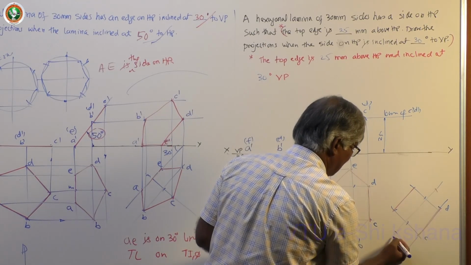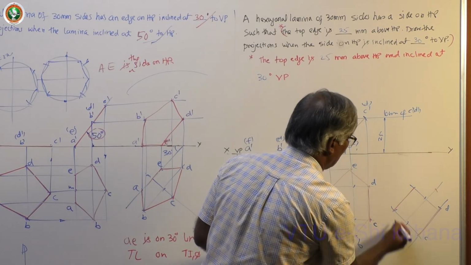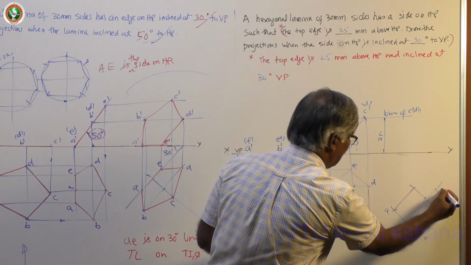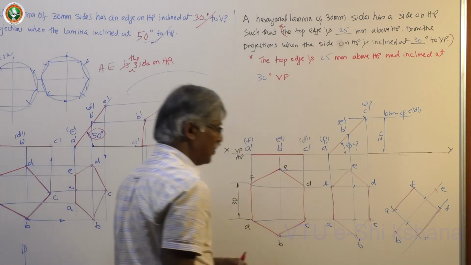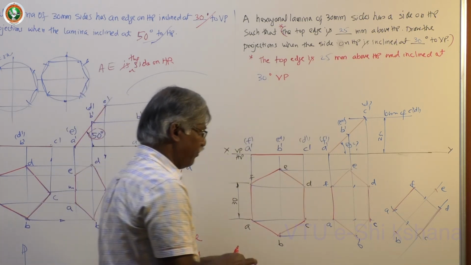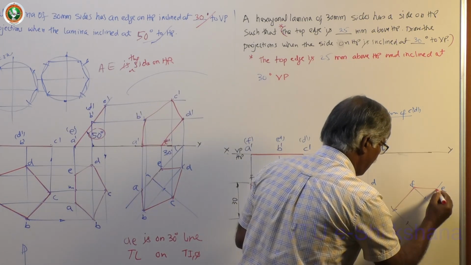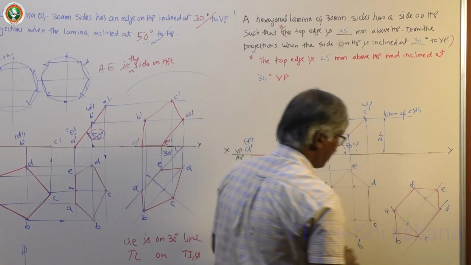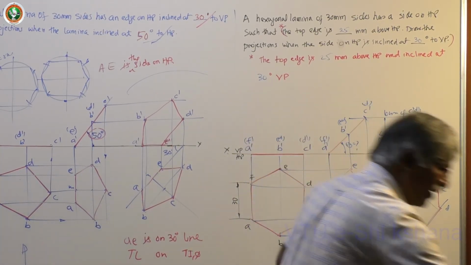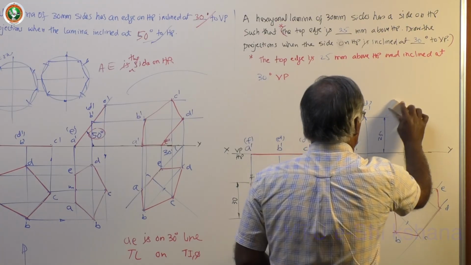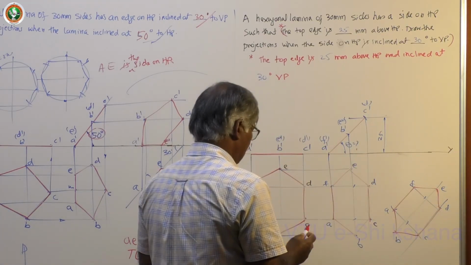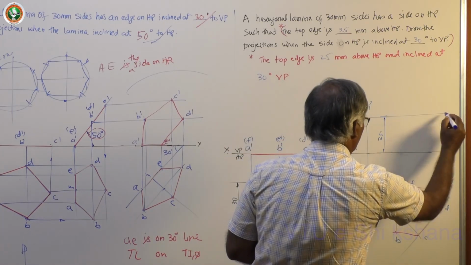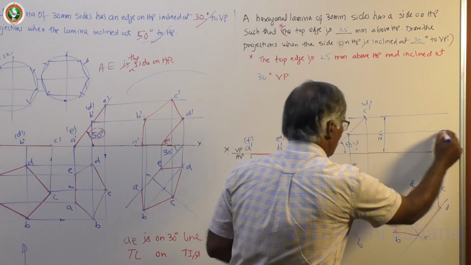This is A, B, C, D, E, F. If you are working, prefer to keep it always vertical, then join them. Okay. Next, this is only for understanding. If you want, you can keep it sufficient. In a computer, you can move it away from that. Then draw this. Again, draw the projection.